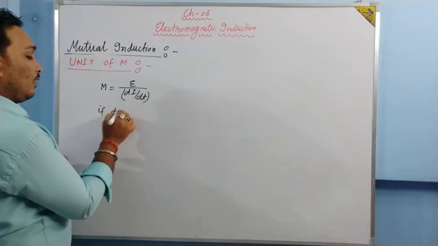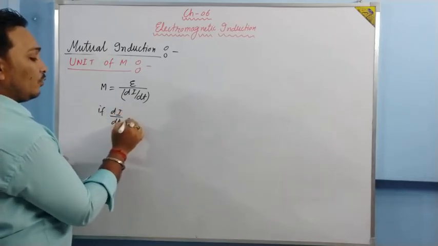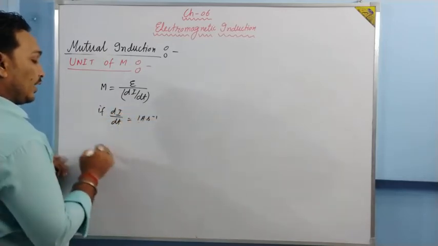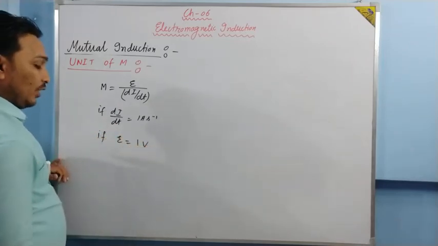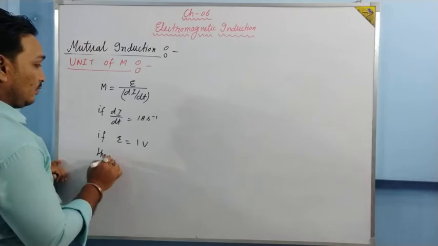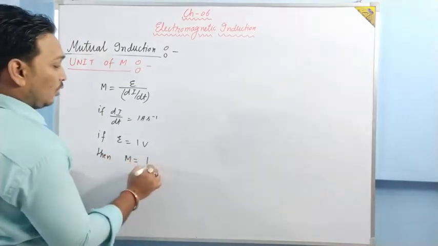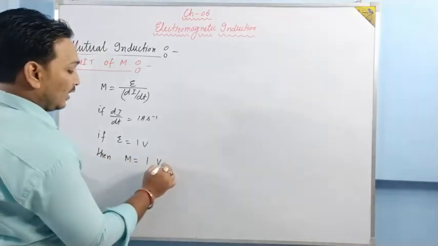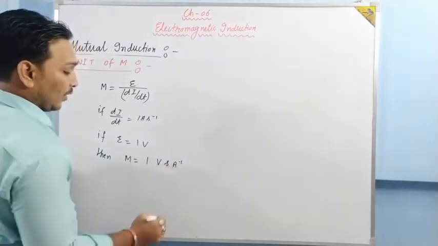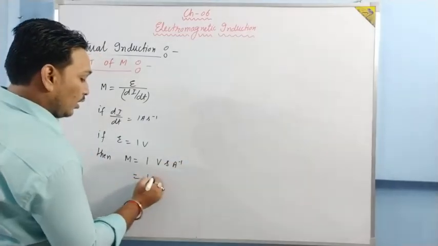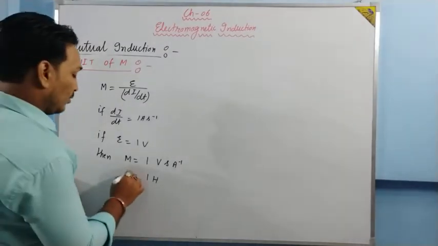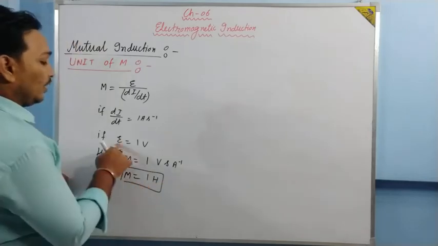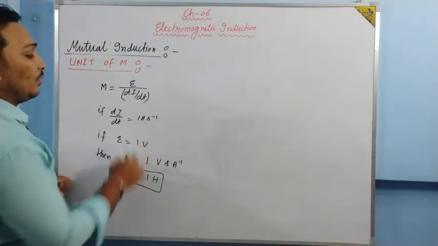If di by dt is equal to 1 ampere per second, and E comes out to be 1 volt, then M will be equal to what? 1 volt second per ampere, or the same thing is called 1 Henry, denoted by capital H. So in which condition does M come out to be 1 Henry? When E is 1 volt and di by dt is 1 ampere per second.